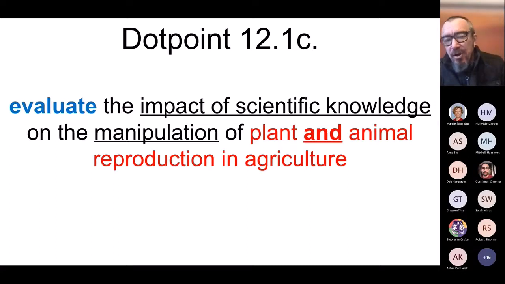So our time spent on the reproductive technologies is not wasted, because we look at them again in Module 6 in quite a lot of detail. But what you need to do with this particular dot point is understand the contributions of a handful of scientists and how their work has contributed to the work of scientists that has followed after them, and then how that's assisted us in the development of these reproductive technologies.